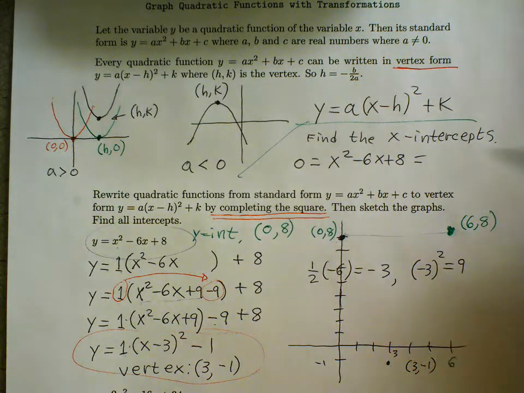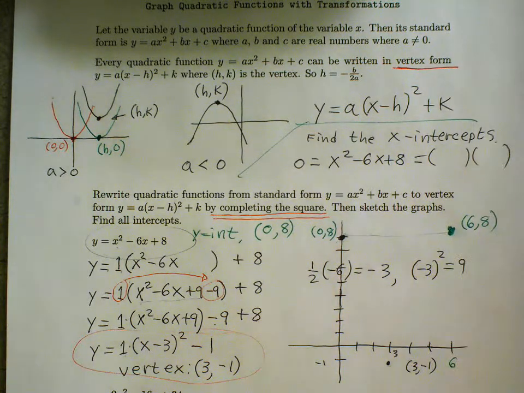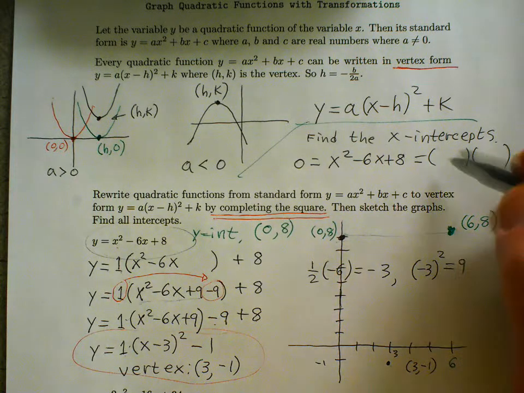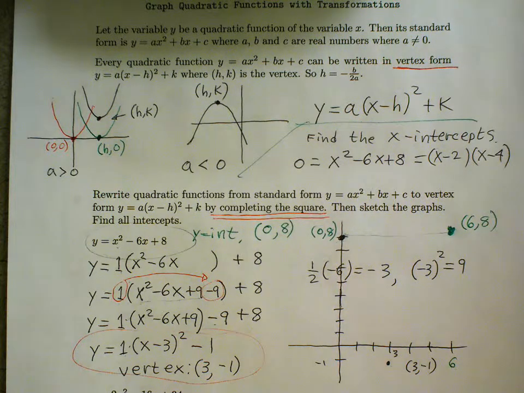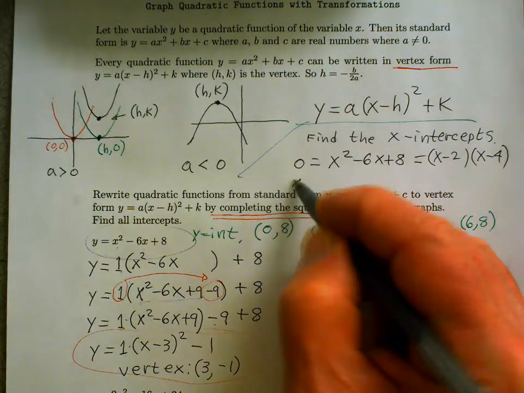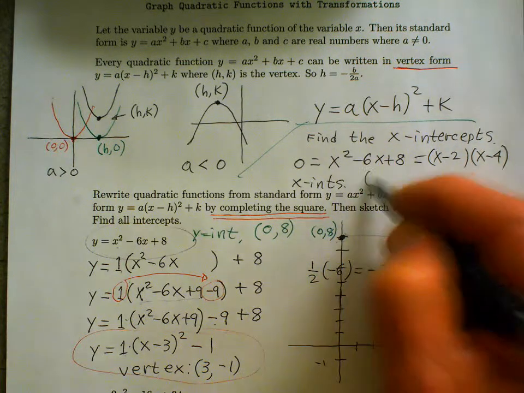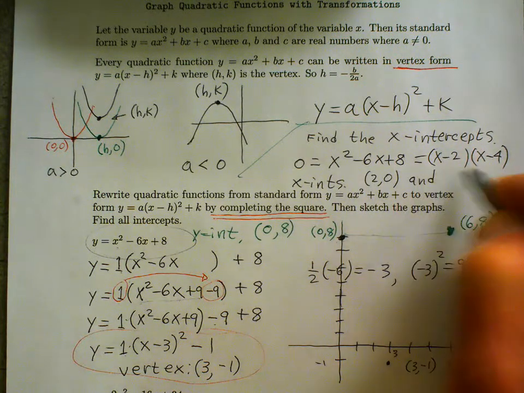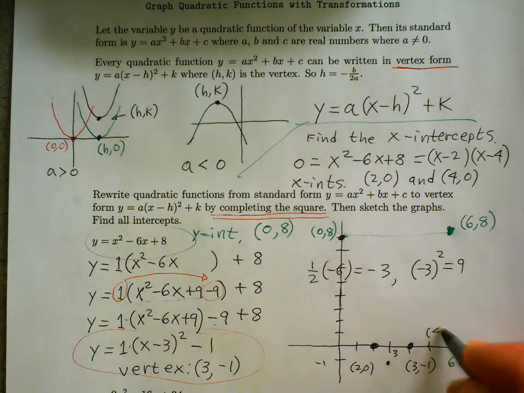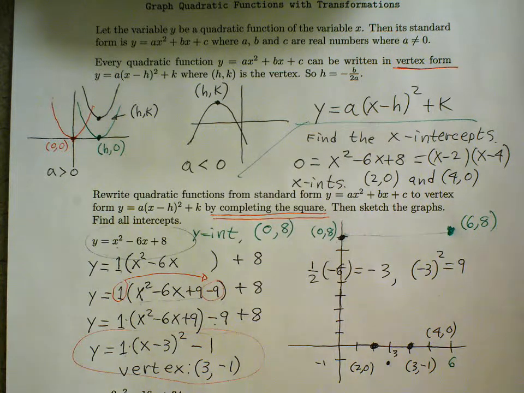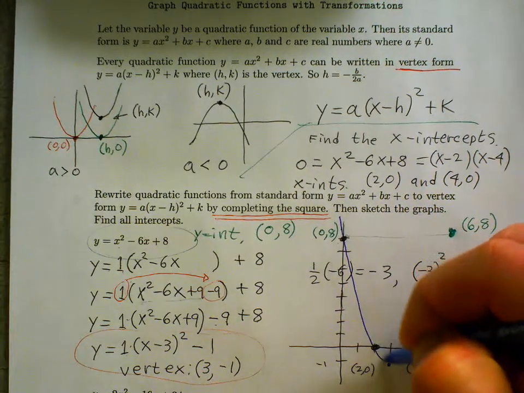Do you see what the two factors are? So one of the factors is x minus 2, and the other one is x minus 4. So the x-intercepts are the ordered pairs 2, 0 and 4, 0. So we can plot those 2, 0 and 4, 0. And then we can draw the parabola.